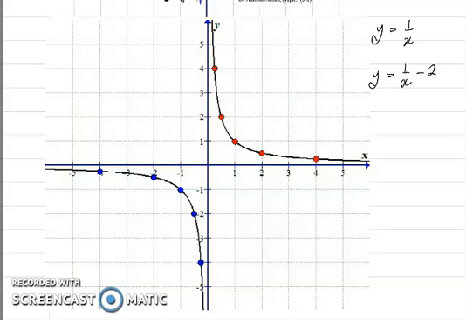So the point a quarter, 4 is going to become a quarter, 2. Move it 2 units downwards. A half, 2 is going to become a half, 0. 2 units downwards.